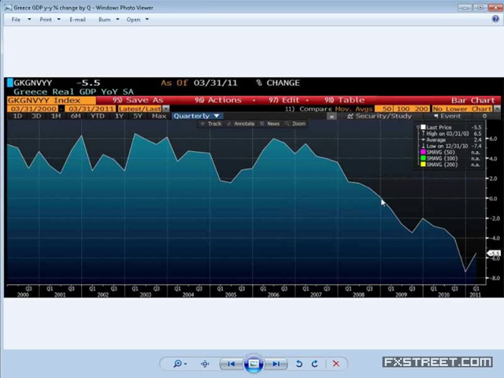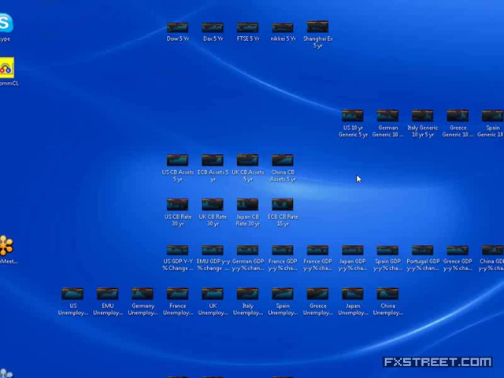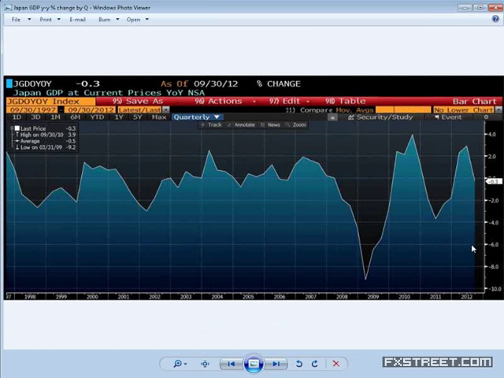Here is Greece, probably the worst of all. Greece has been in recession, according to this, since 2009. I think it actually is a little bit worse. This is year to year. So if you take the quarterlies, Greece has been in recession for close to 5 years, I believe. Take a look at Japan too. Japan's kind of interesting.